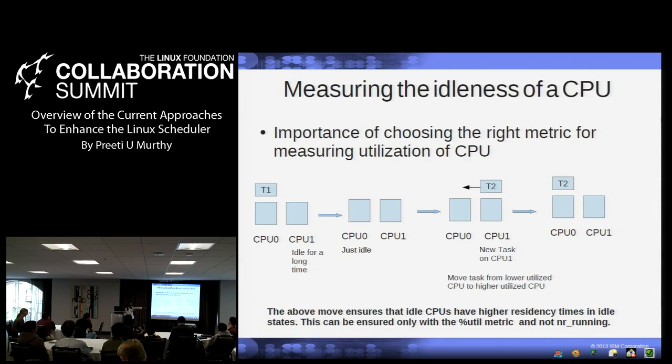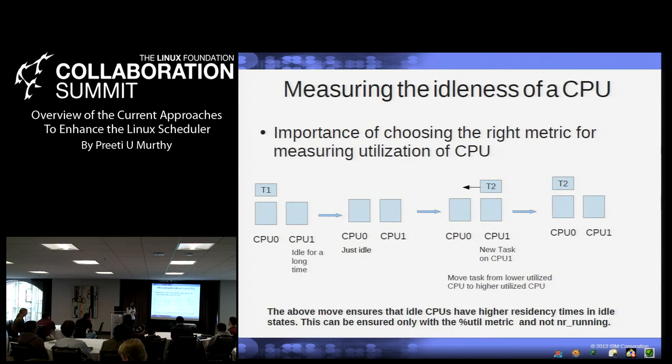Now if there is a task on CPU 1, what would we try and think? CPU 1 has been idle for a really long time, which would mean it has entered deeper idle states, right? Getting out of idle states requires significant power. First of all, there will be a latency hit because it has to come out of the idle state. Secondly, there could be certain things to do before it comes out of the idle state, like cache flushing, which requires significant power.